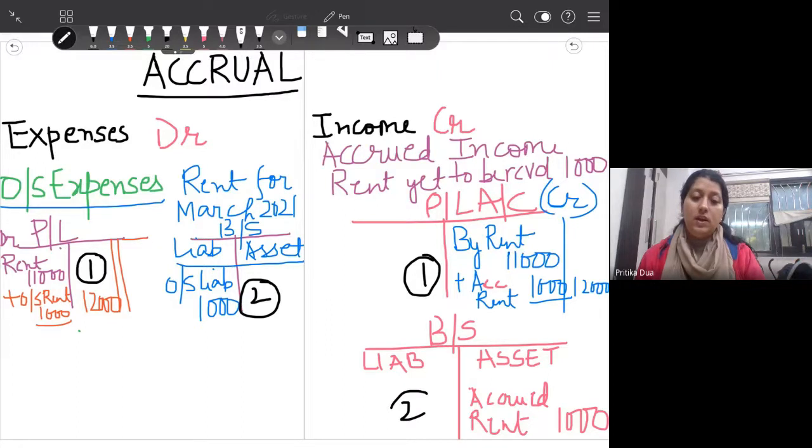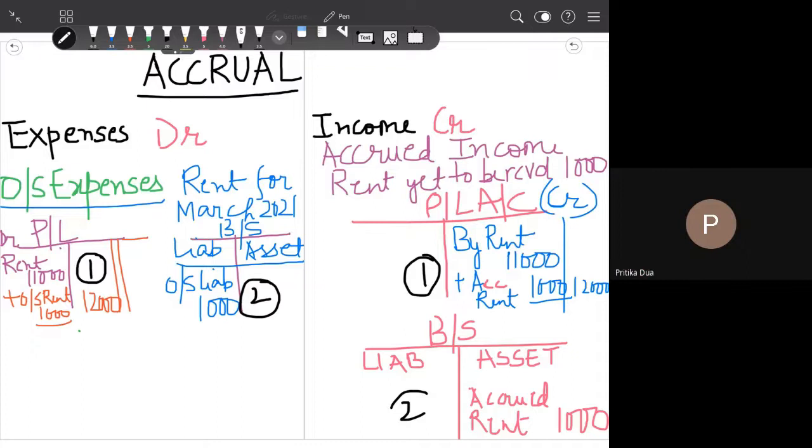So you have to see the nature of the information given.